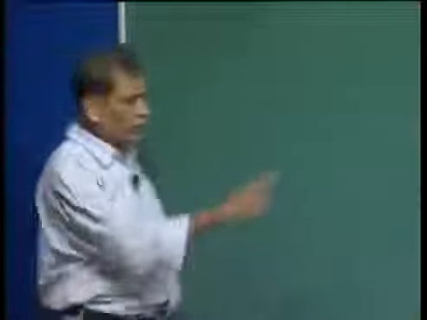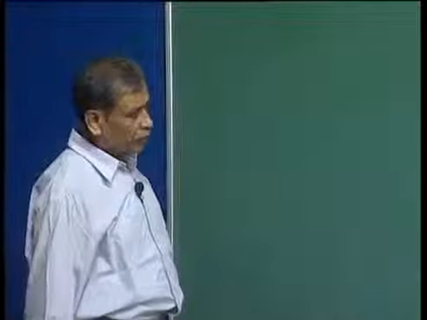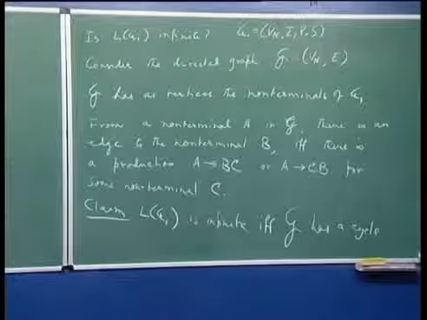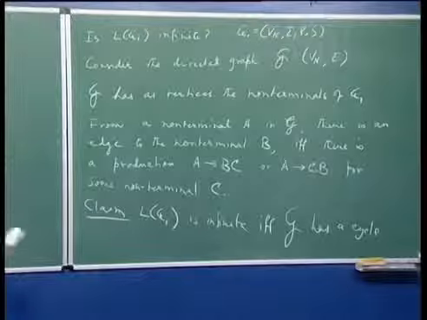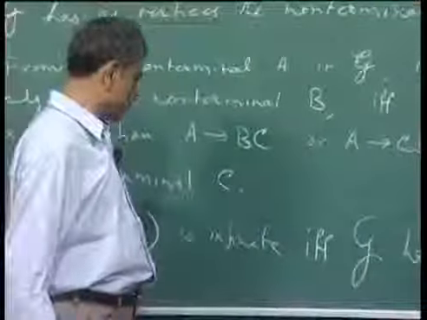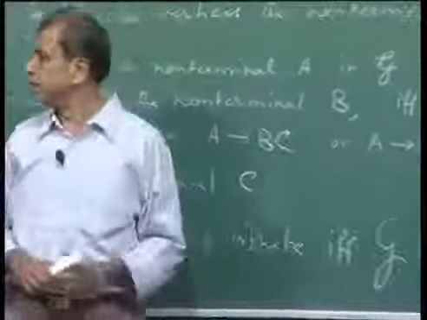We need, of course, for proving this claim, to prove that if G has a cycle, then LG1 is infinite and vice versa. So, let us do these one by one.